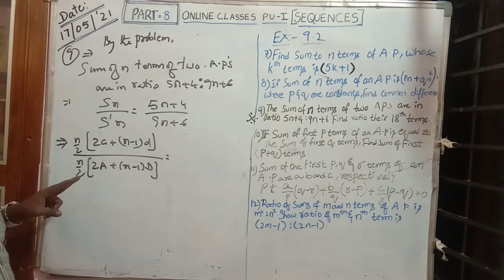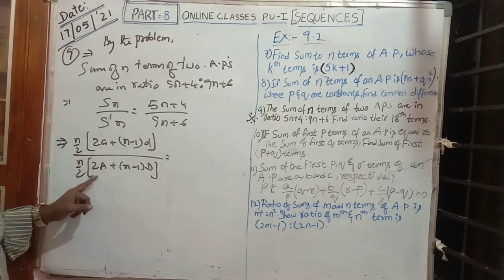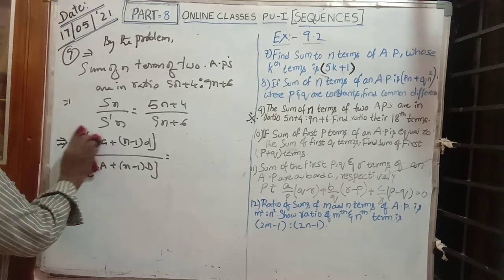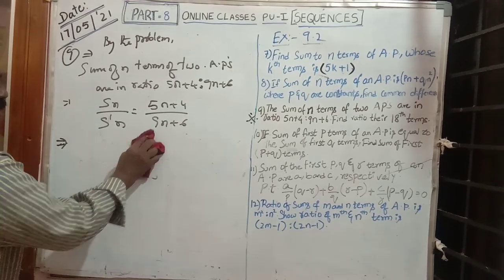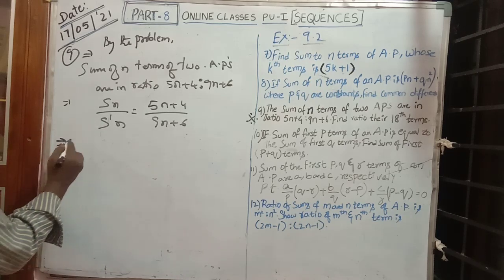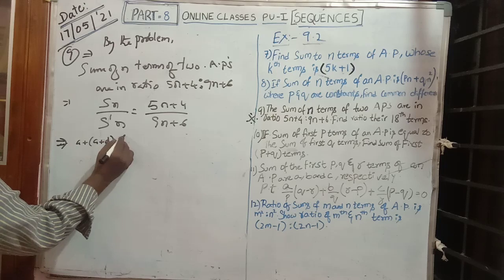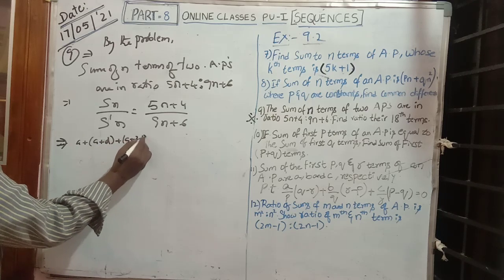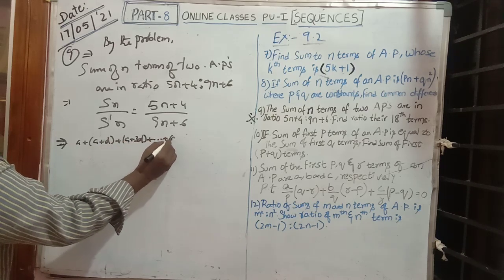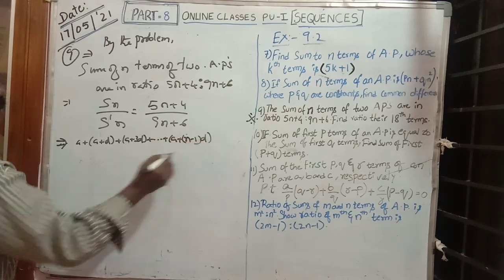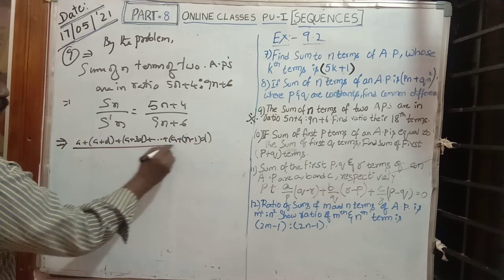Don't confuse, or otherwise I will write it clearly. So Sn is a plus a plus d plus a plus 3d plus up to a plus n minus 1 into d. That is one AP.